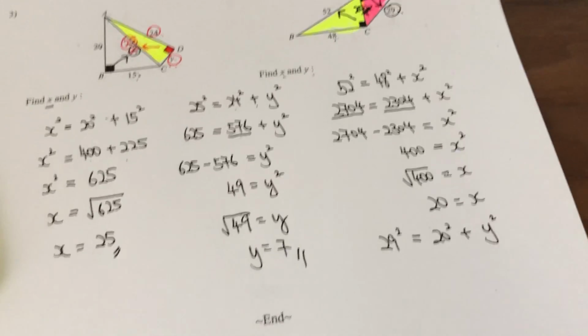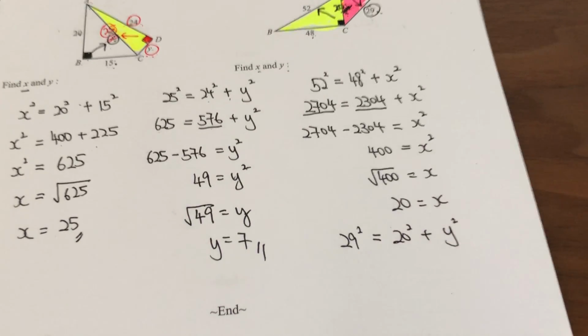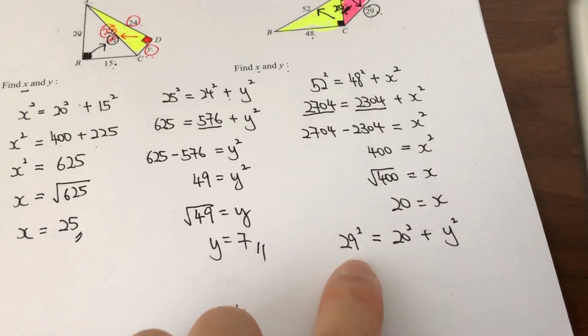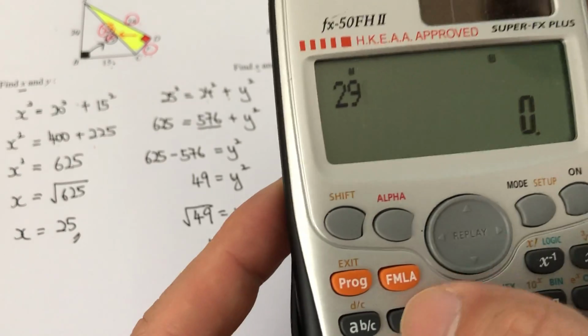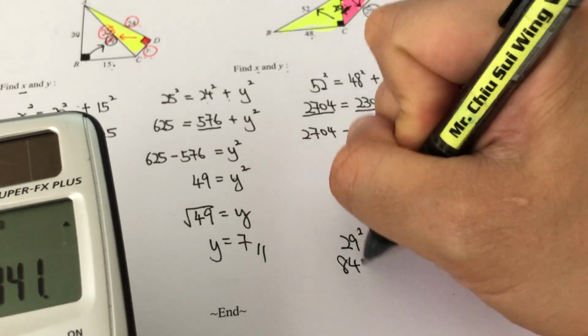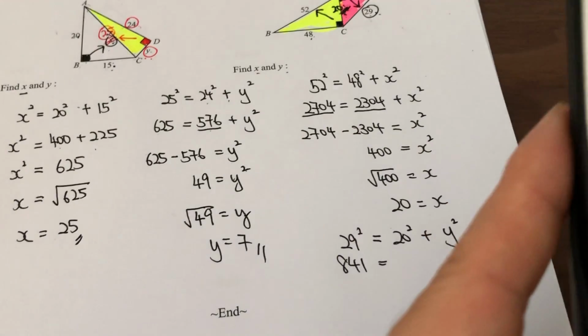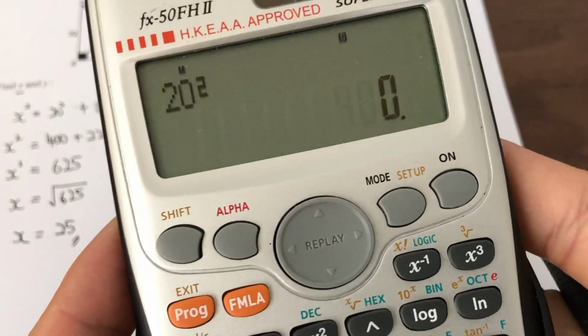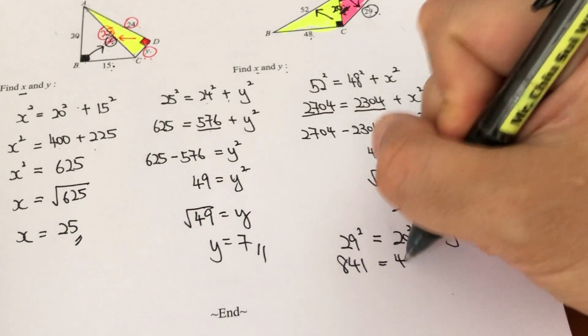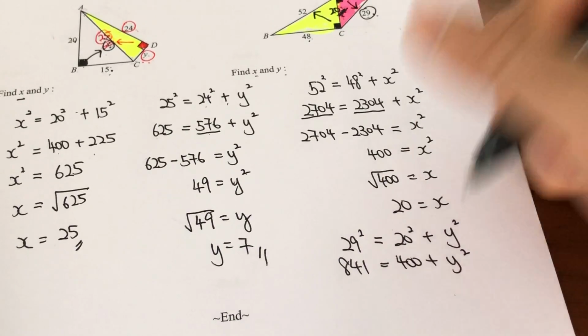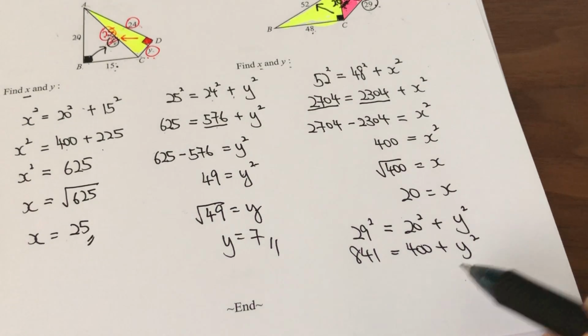Okay? And then let's use the calculator to find 29 squared. 29 squared is 841. And 20 squared is 400 plus y squared. Alright?